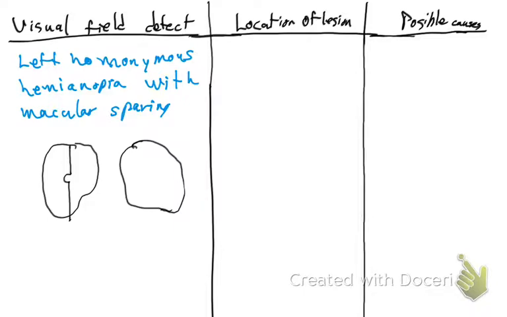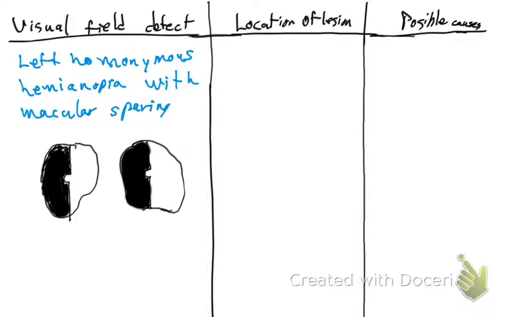Because on the left side it's always going to be on the left, so go here, and then here we do the same too. So left homonymous hemianopia. Okay, this is how it looks.